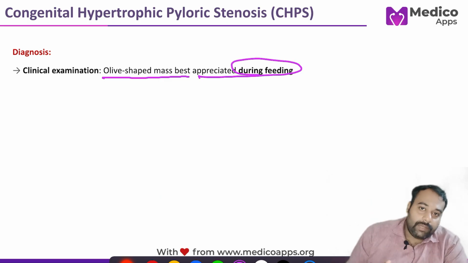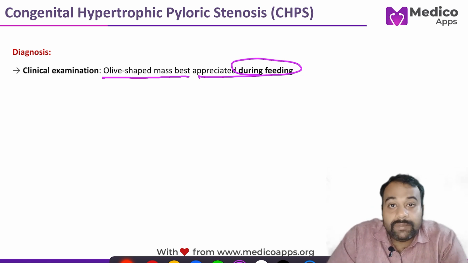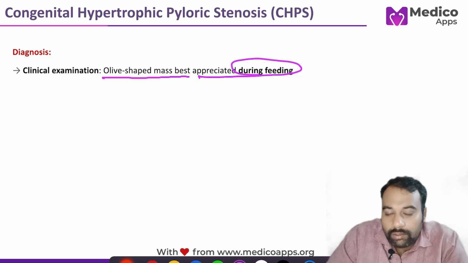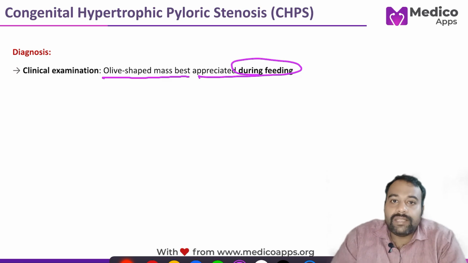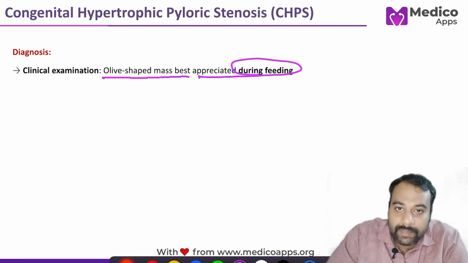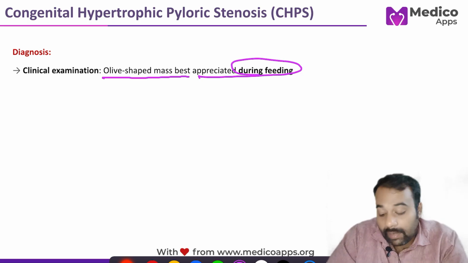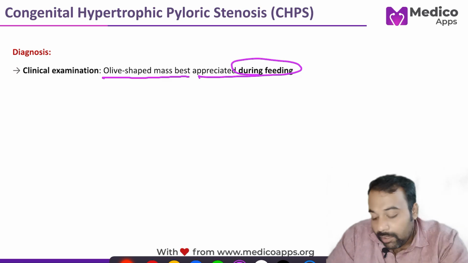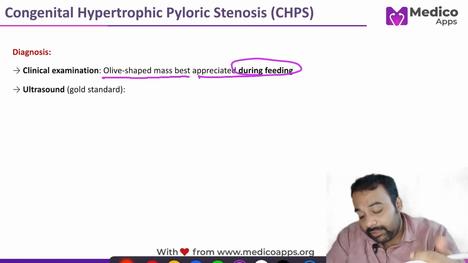That mass is typically palpable after feeding. In most cases while examining the patient, we often advise a test feed while palpating. So the olive-shaped mass is best appreciated during the feeding.